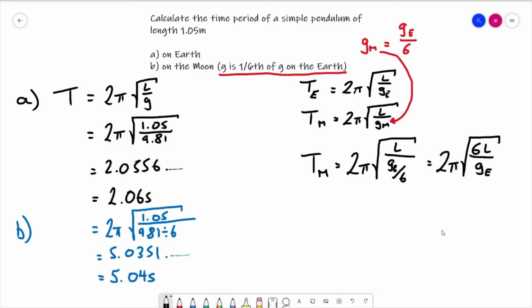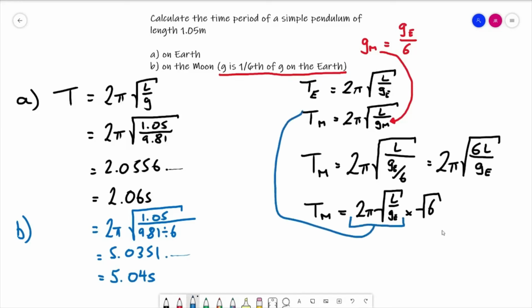Playing around with that square root a little bit, I'm just going to now write that the time period on the Moon is 2 pi root L over g on the Earth multiplied by the square root of 6. Now at this point, what we've got here, 2 pi root L over g on the Earth, is exactly what we've got up here. It is the time period on the Earth. So our equation now says that the time period on the Moon is equal to the time period on the Earth multiplied by the square root of 6.